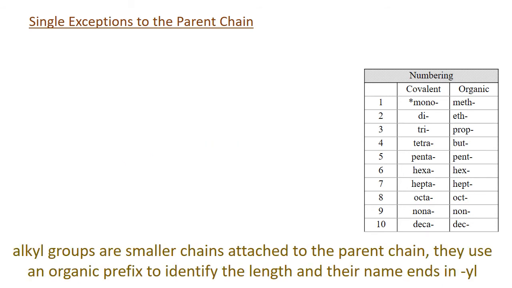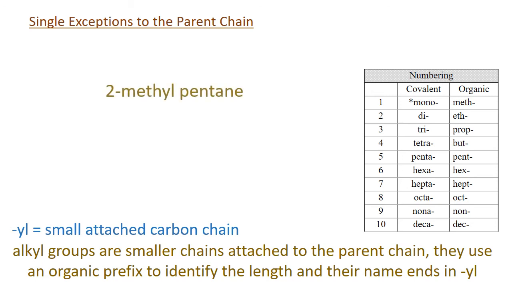Alkyl groups are smaller chains attached to the parent chain. They use an organic prefix to identify the length, and their name ends in yl. On your formula sheet, make a note that yl means small attached carbon chain. So if I have 2-methylpentane, pent means 5, so I have 5 carbons.